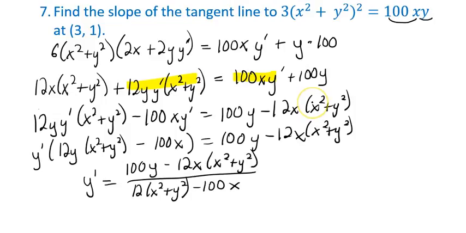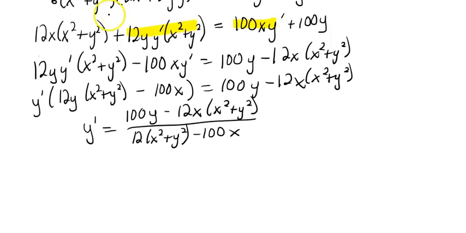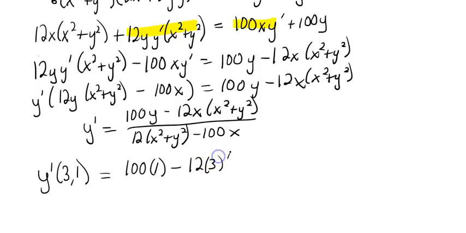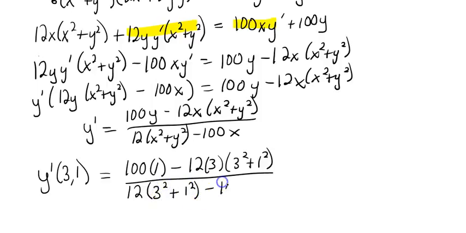The last thing that we need to do is to actually find that slope by plugging in the point (3,1). So everywhere I have an x, I'm going to plug in the 3. Everywhere I have a y, I'm going to plug in the 1. So y prime at (3,1) is 100 times the y minus 12 times 3, 3 squared plus 1 squared, over, and on the bottom I have 12, the x is 3, so 3 squared plus 1 squared minus 100 times 3.